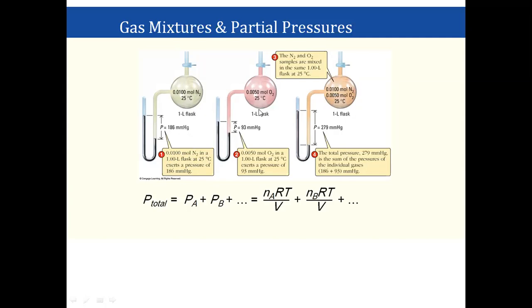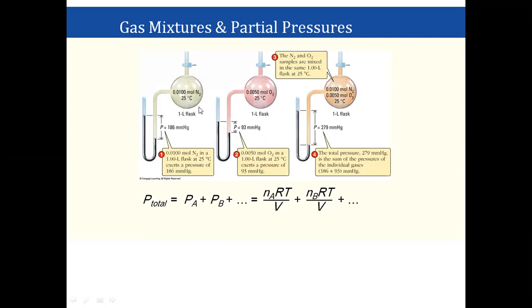The oxygen, or gas B, is 0.005 mole O2 at 25 Celsius in a 1 liter flask, and the pressure is 93 millimeter Hg.